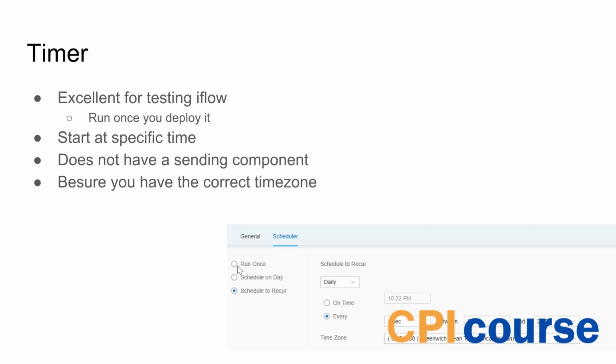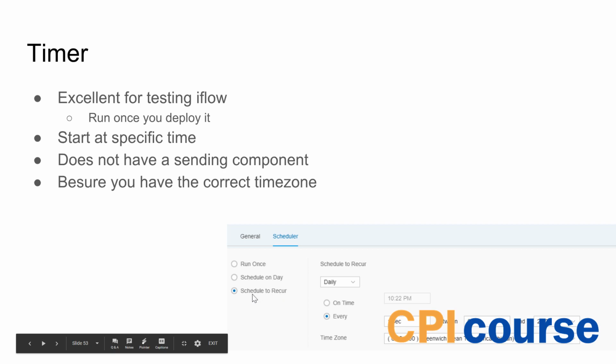The other option is to schedule it to run on a specific date. If you have a job that just needs to run next Friday, you can use schedule on day. The one you would probably use most is schedule to recur, and you'll set this to every day or every hour, and you can specify a specific time on that day or every second between.